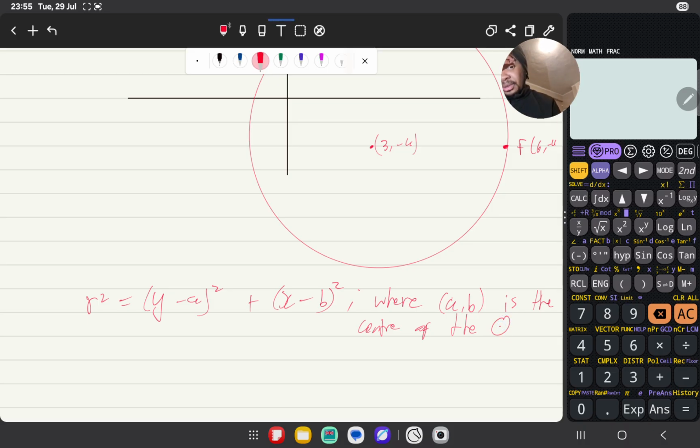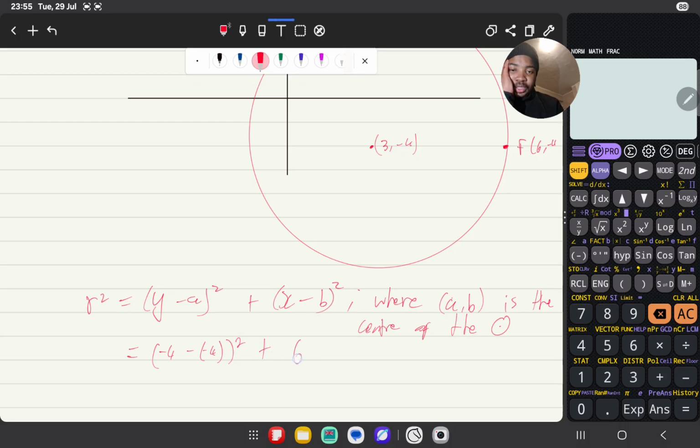Those points are the center of the circle. So now you just come here, you know this is the center, so you use that. You say minus 4 minus 4, so you have minus 4 minus a, which is minus 4.